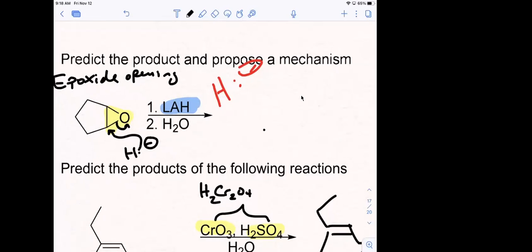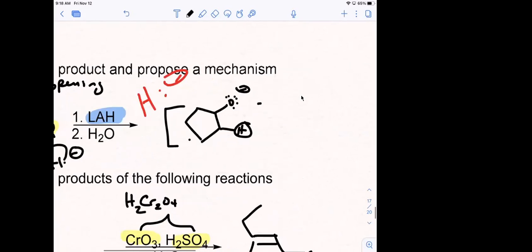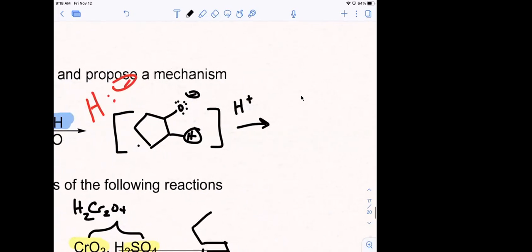So I'm going to get an intermediate that kind of looks like this. It's negative. And then I have the hydride that I added in here. There's already 1 hydrogen there also, right? So I'm just pointing out that that's where the hydride went. All right, and then in the next step, the water step, that's just a quench, right? So I'm just going to add in H+, and that's going to give me this.